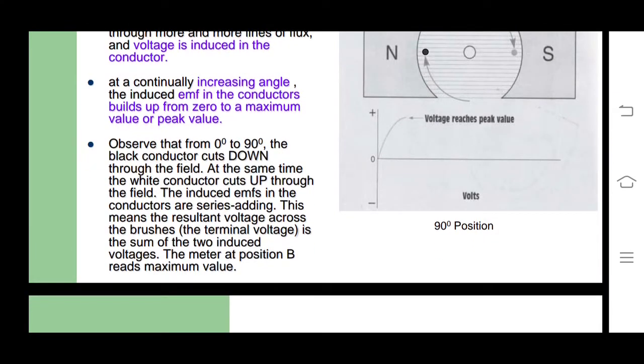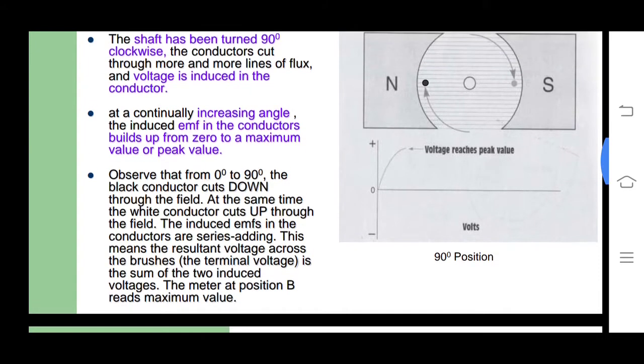Observe that from 0 to 90 degrees, the black conductor cuts down through the field, see in the figure.